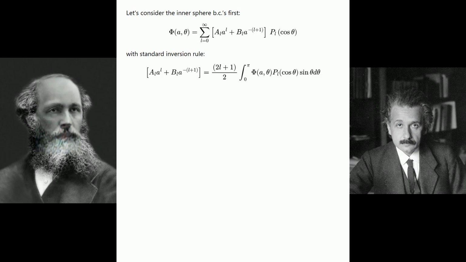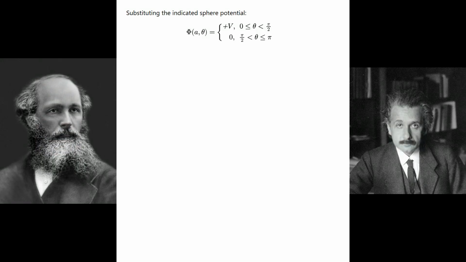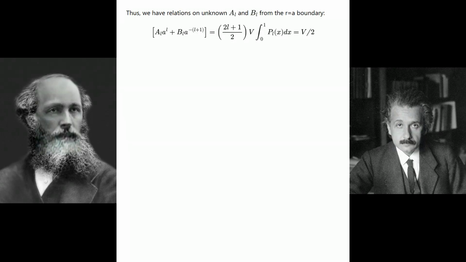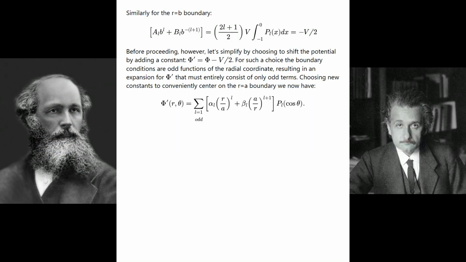Let's consider the inner sphere boundary conditions first. See the equation shown. With the standard inversion rule, see the equation. Substituting the indicated sphere potential, see the equation shown. Thus, we have relations on unknown A_ℓ and B_ℓ from the r equals a boundary. See the equation. Similarly for the r equals b boundary, see the equation shown.